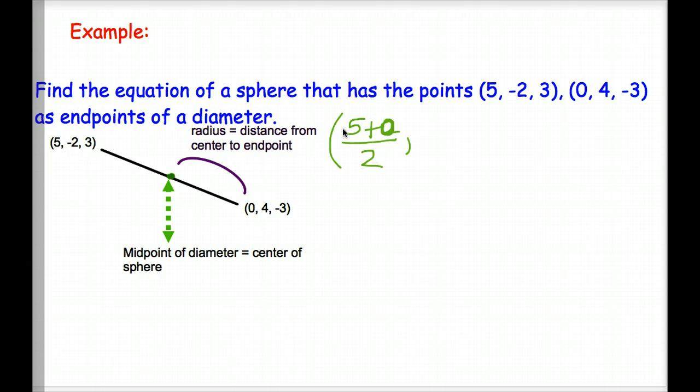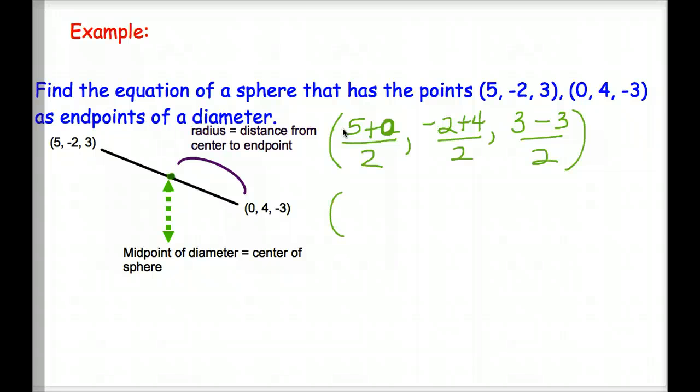Add the y components, divide that by 2. And then the z components. And that will be my midpoint, the midpoint of my diameter, which is the center of my sphere.